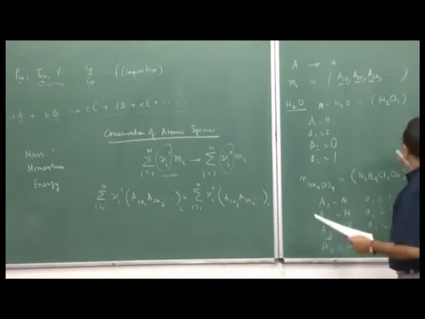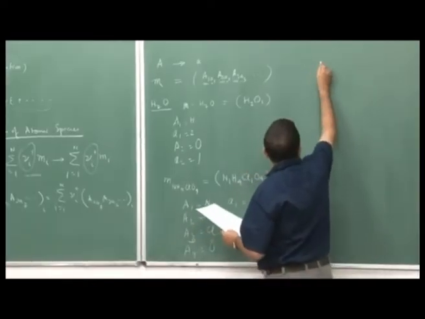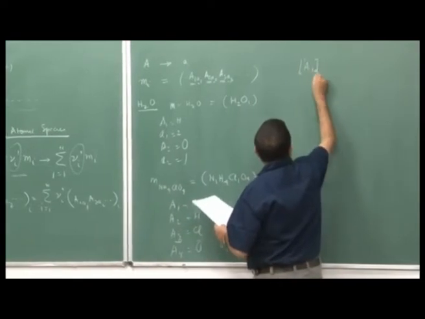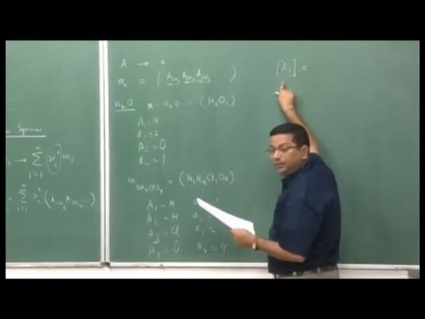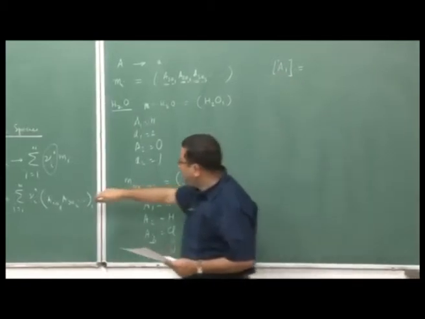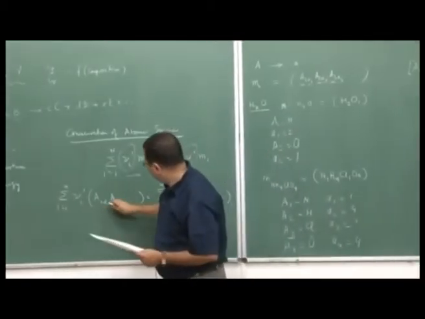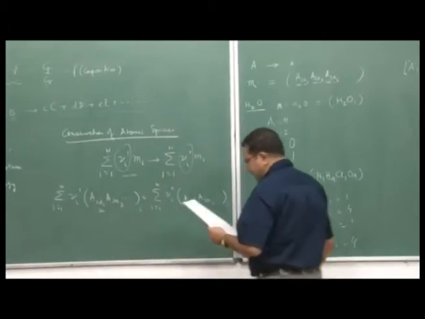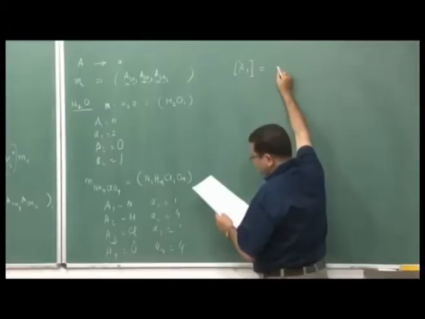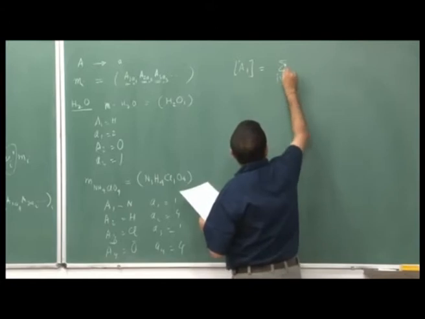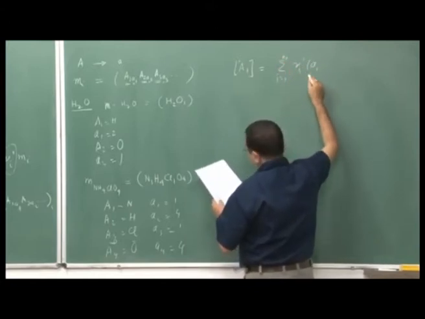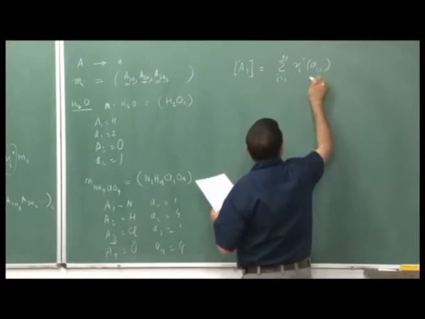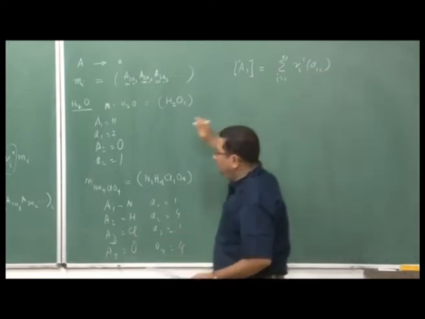If that is the case, if I look at let us say one of them, let us say A1, then how many atoms of A1 are present? According to this term, right. So, I can write this as sigma I equal to 1 to n mu I dash A1 I. This is in one of the species.